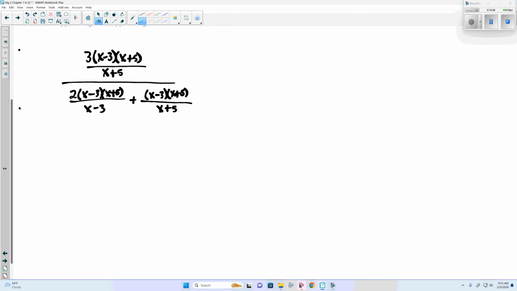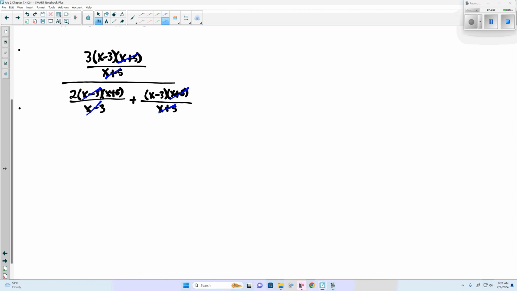Now some of the ones we did yesterday, we did have a multiplication that took place, but that's because we had something outside the parentheses, an x or a number, that we went on and multiplied it with. So those simplify nicely. We're not going to distribute through yet. Partially because if we look at the numerator, our x plus 5 and x plus 5 cancel. In one of the denominators, we have x minus 3 and x minus 3.